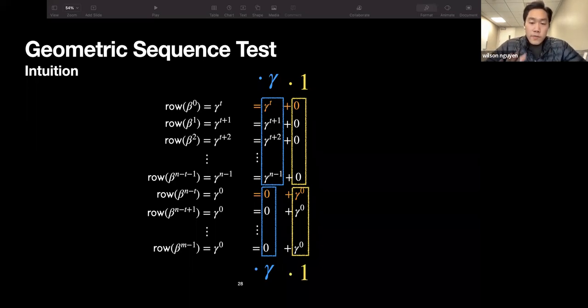So we can see that these are 4 different geometric sequences in which there are 2 sets of geometric sequences that have the same common ratio. And so is there a test to test whether the evaluations of a polynomial are 2 geometric sequences with the same common ratio?